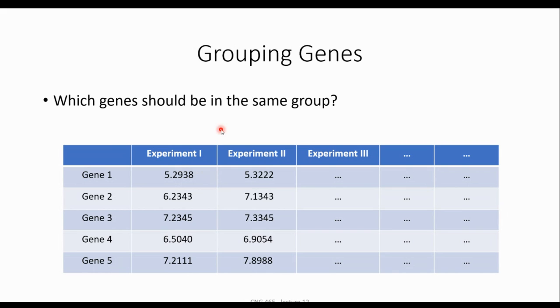In order to do that, you remember for phylogenetic trees, I gave you a score of aligning, and I told you how we can come up with the distance metrics. We can do exactly the same with this one. Now we have experiments, we have different genes.